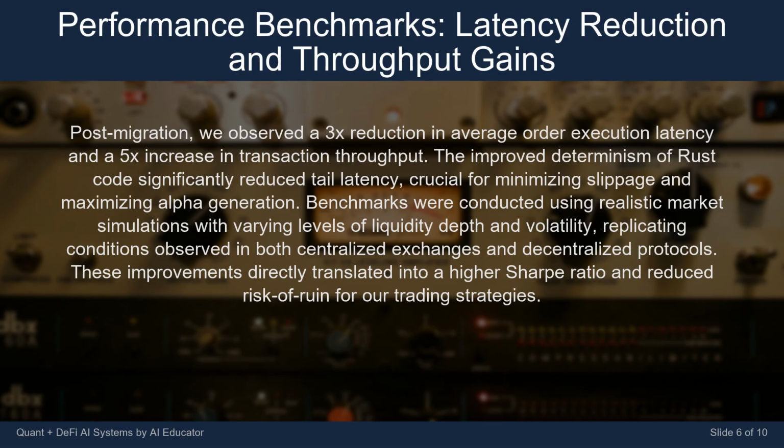Benchmarks were conducted using realistic market simulations with varying levels of liquidity depth and volatility, replicating conditions observed in both centralized exchanges and decentralized protocols. These improvements directly translated into a higher Sharpe ratio and reduced risk of ruin for our trading strategies.